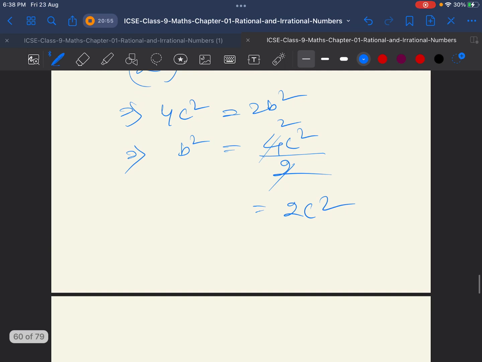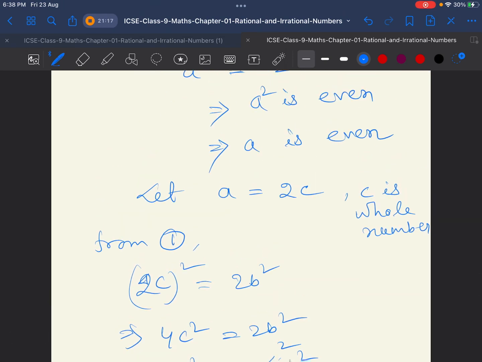Okay, so b square is divisible by 2, so b is even. Hence we can write b square is even, so we can write b is even.